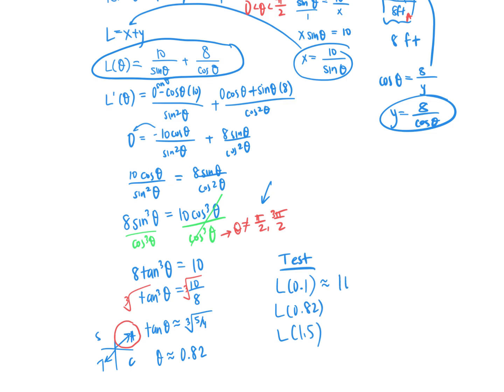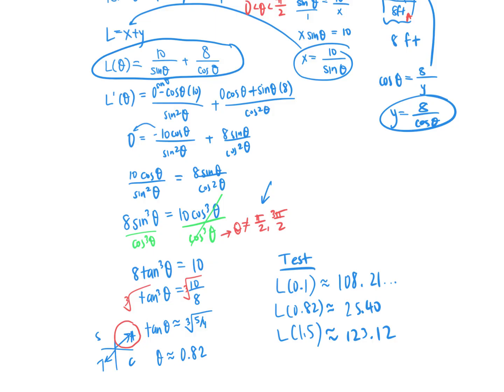And I end up with quite a large number, 108.21. Okay, gonna test 0.82, 10 over sine of 0.82 plus 8 over cos of 0.82, and for this one, I actually get something smaller. And then for 1.5, 10 over sine of 1.5 plus 8 over cos of 1.5, and again, I get a large number. I get 123.12.